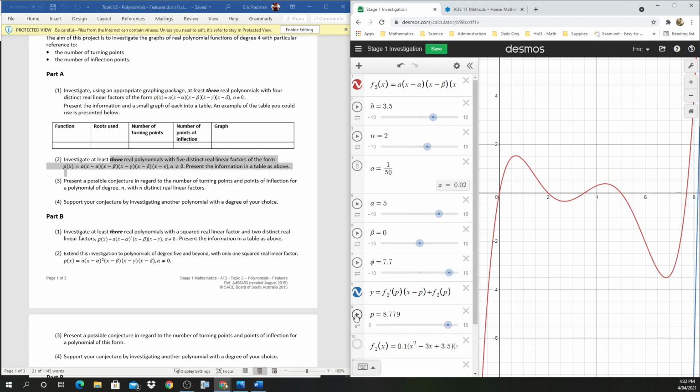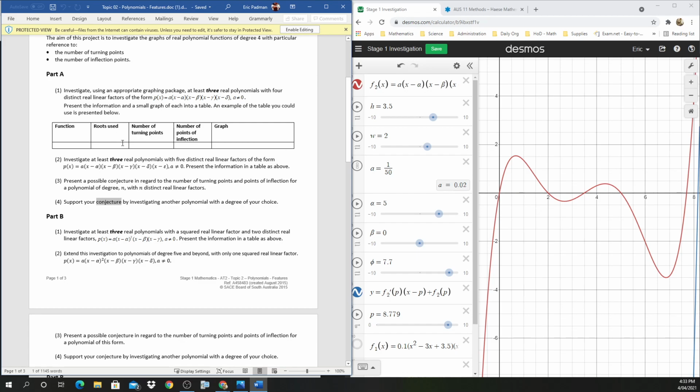All right. So in that respect, degree 5 polynomial, 4 turning points, 3 inflection points. Now, when you make a conjecture, all you need to do at this point is make a logical guess about what you've seen so far.